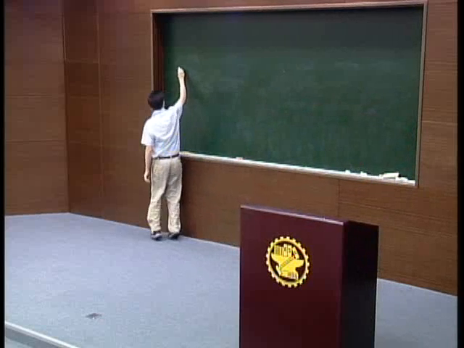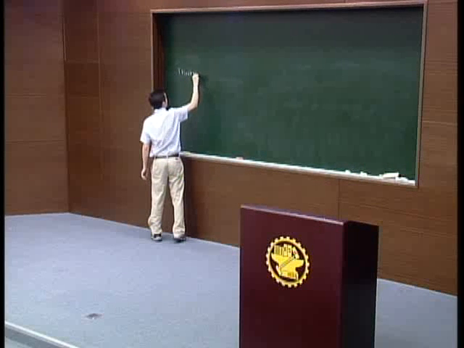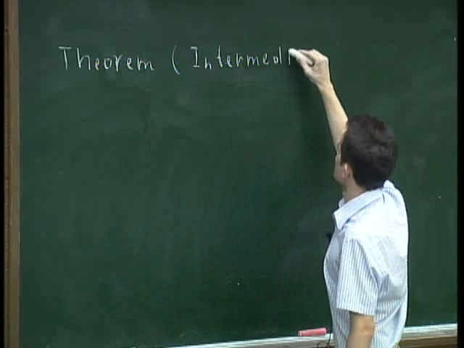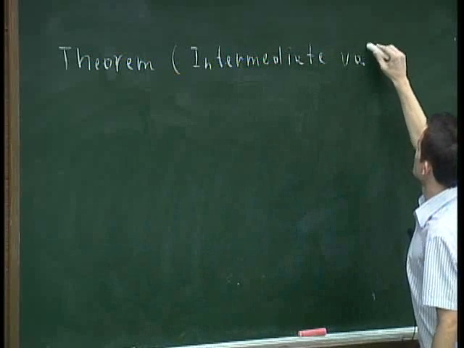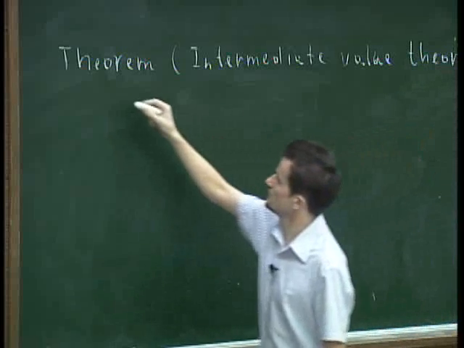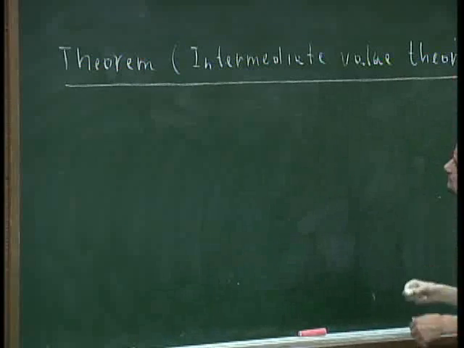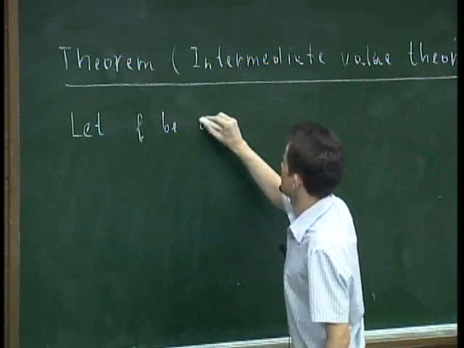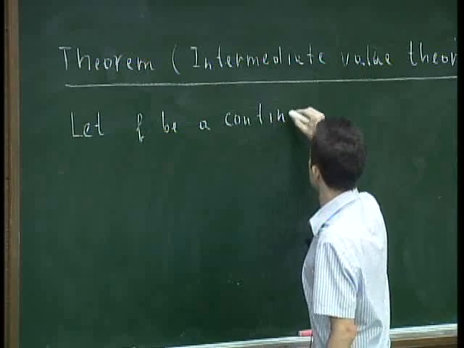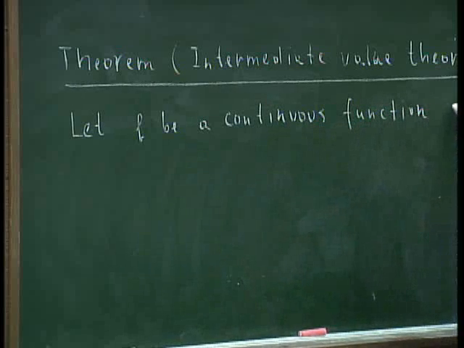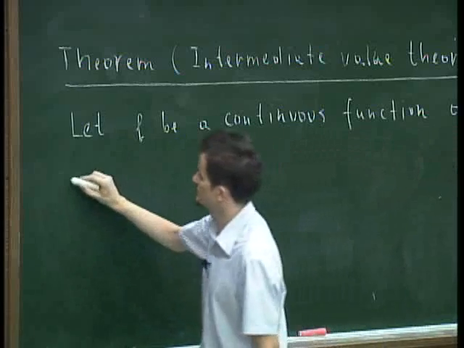Okay, so maybe I first start by stating the theorem, the intermediate value theorem. Let f be a continuous function on a closed interval [a, b].